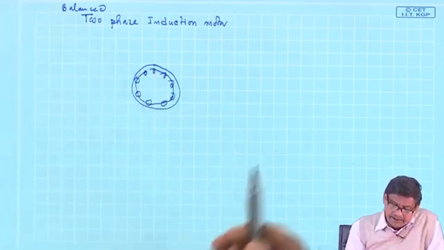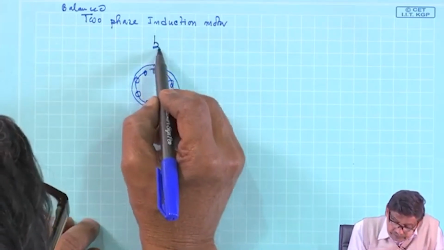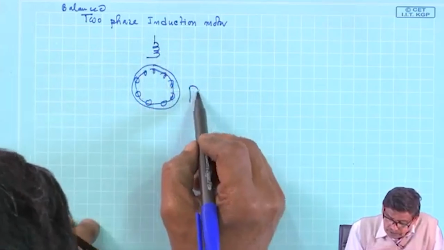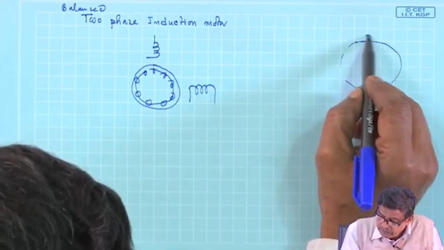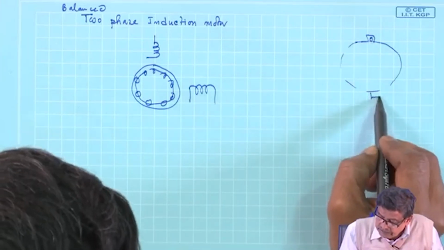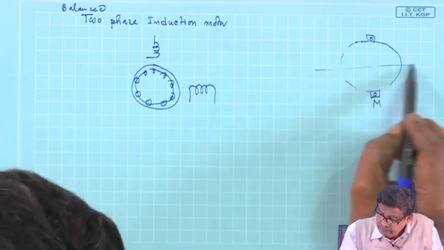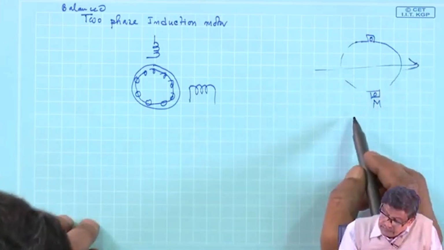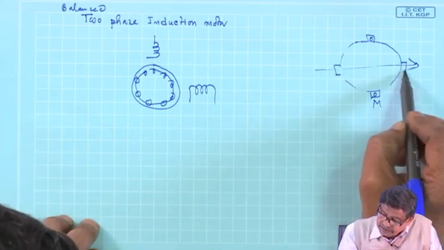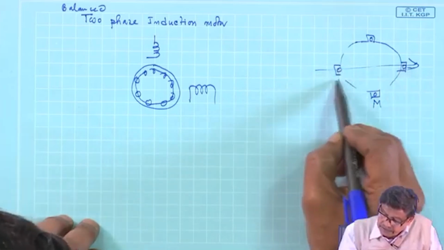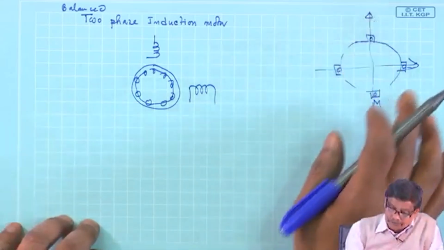Okay? And you have got two windings. A balanced two phase winding is what? Suppose this is the M coil, whose axis is like this, and the other coil is here on the stator, whose axis will be like this, with an equal number of turns.